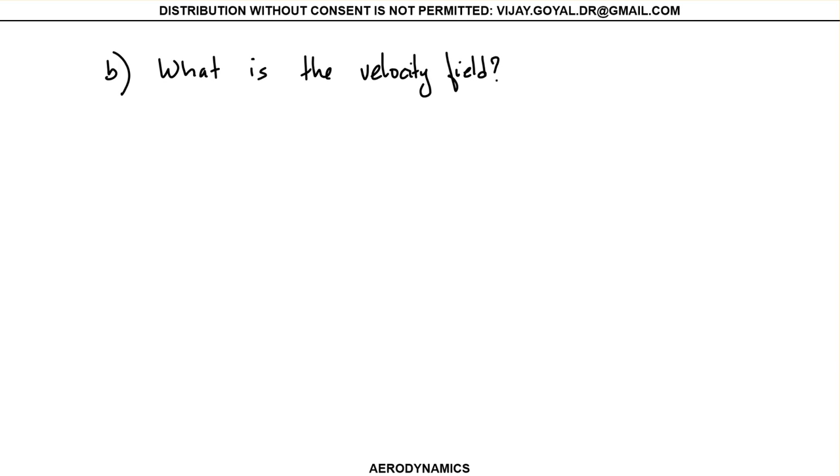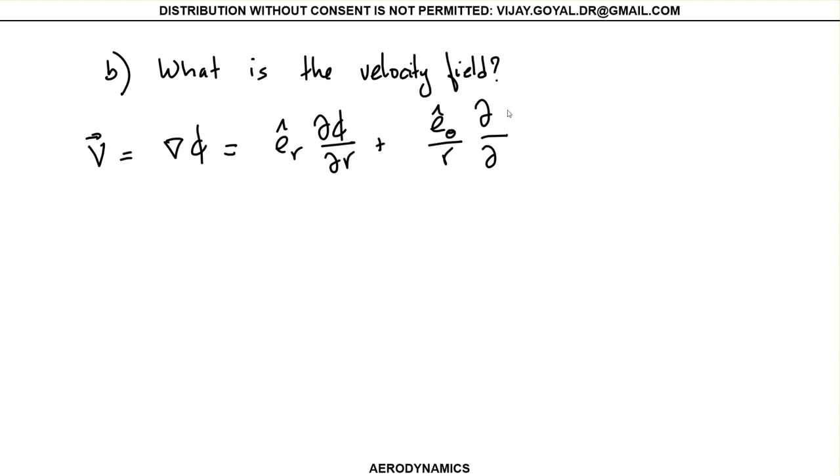Secondly, what is the velocity field? To find the velocity field, this is straightforward because the velocity field is equal to the gradient of phi. Now, in cylindrical coordinates, we have e_r partial of phi with respect to r, plus e theta over r partial of phi with respect to theta, plus e_z partial of phi with respect to z.